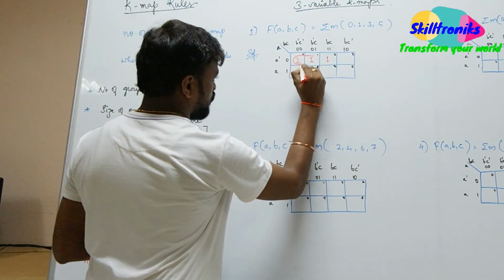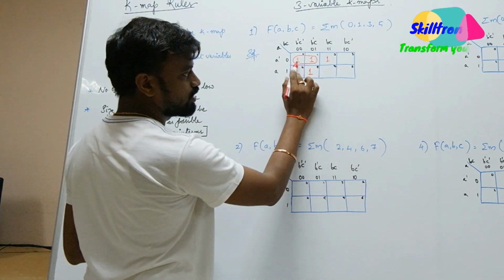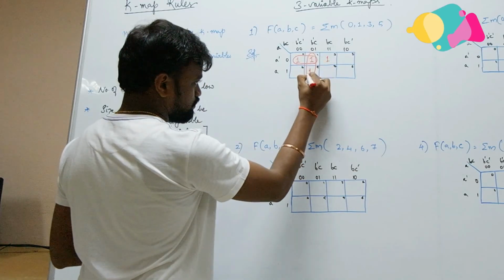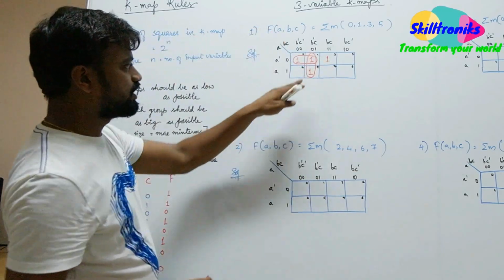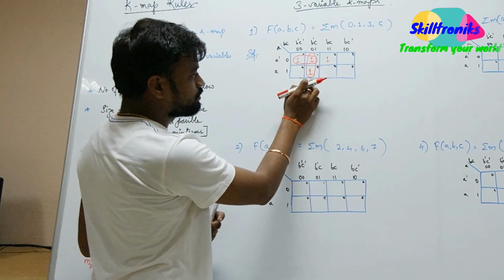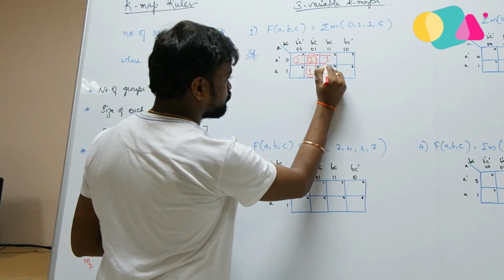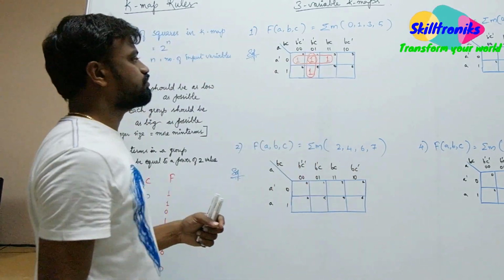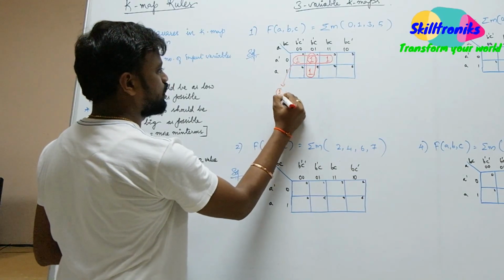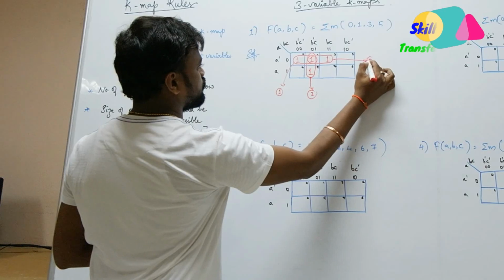This is a pair which accommodates 2 minterms, this is another vertical pair which accommodates the additional minterm number 5, and here is the third pair. So this is number 1, number 2 and number 3.